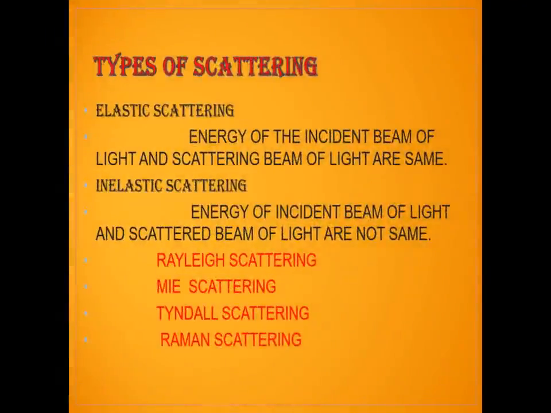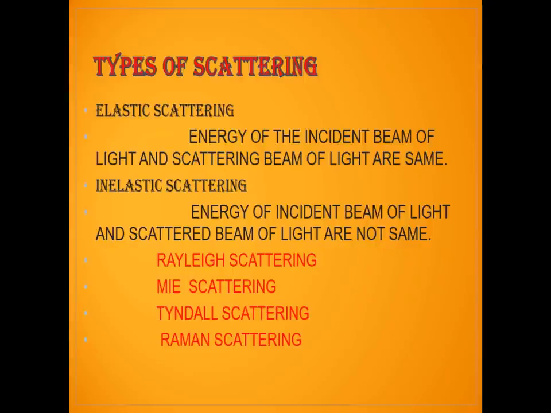Now, what are the different types of scattering? When a beam of light interacts with the constituent particles of the medium, it undergoes many kinds of scattering. Based on the initial and final energy of the light beam, scattering can be classified into elastic scattering and inelastic scattering.